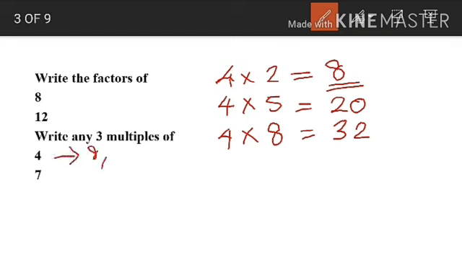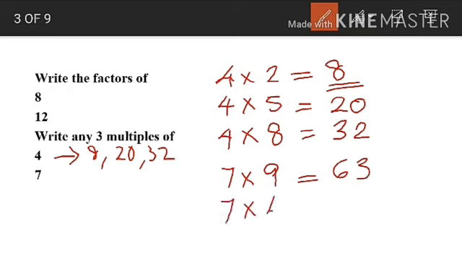So we have got the 3 multiples of 4: 8, 20 and 32. Now let us multiply 3 numbers with 7. We have to find the multiples of 7. So we'll multiply any 3 numbers with 7. 7 into 9 is 63. 7 into 4 is 28.